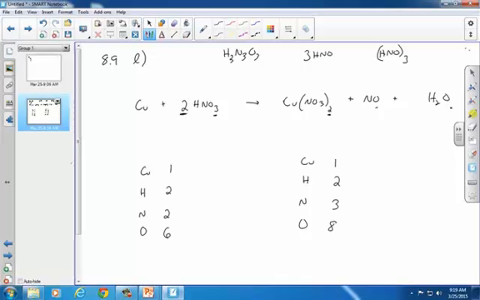So is there anything I can do that will increase the amount of nitrogen here to get it balanced on both sides, but also keep the hydrogen balanced at the same time?